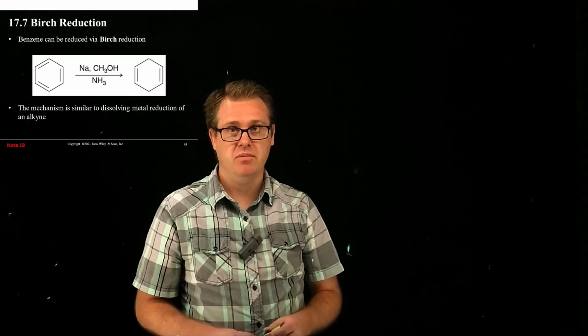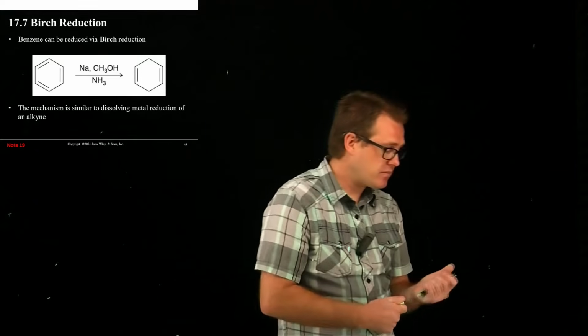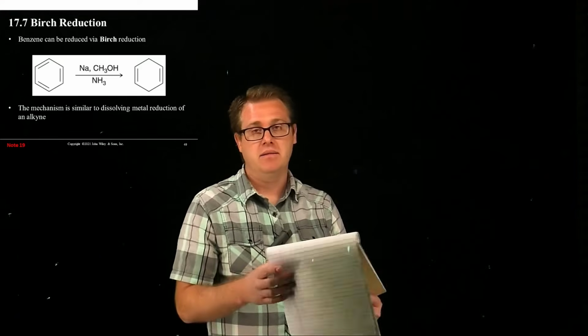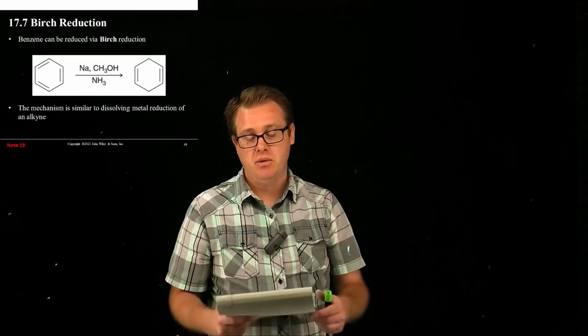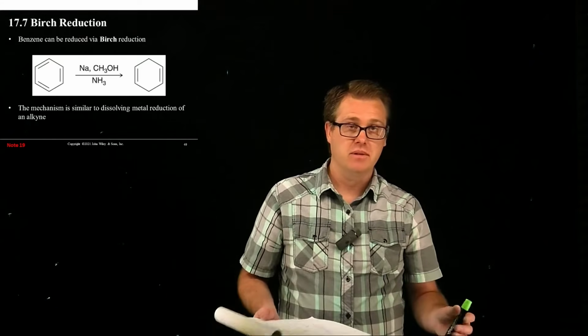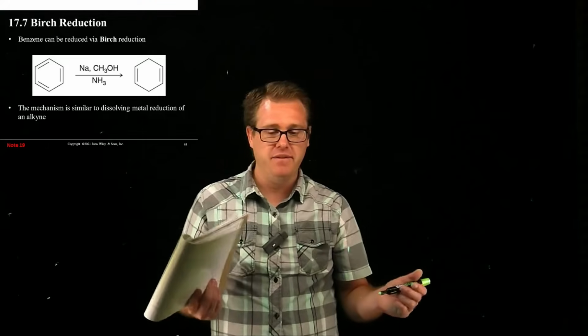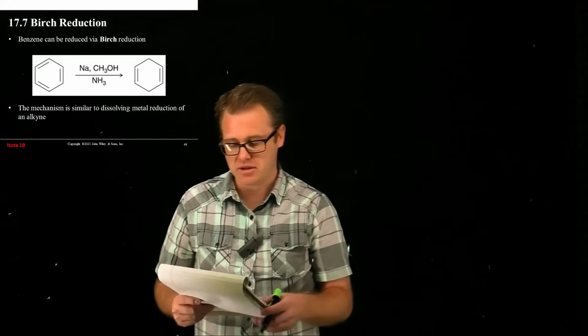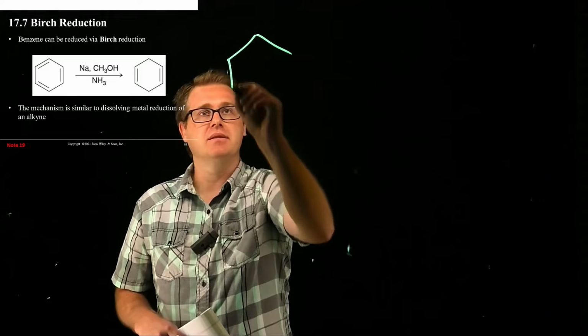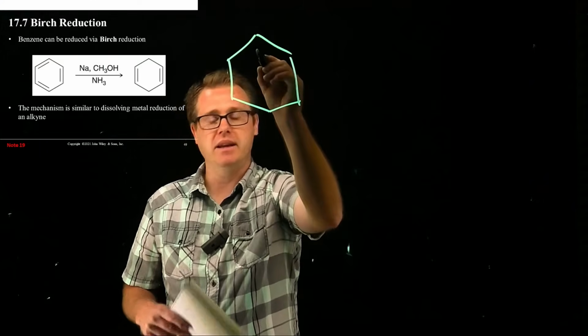That is also going to be in the liquid phase. Now when you take sodium metal and add it to ammonia, you're going to dissolve the electrons. And you're going to basically get free floating electrons in the solution. So that's how I'm going to represent this when we look at benzene here.